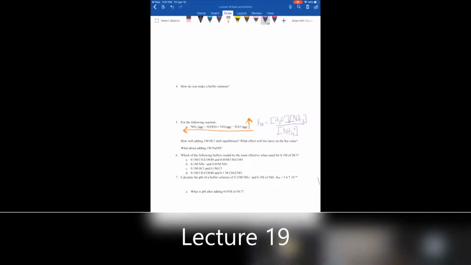It will make it bigger. It should, because there's more H3O, so the top number is going to be bigger. Are you sure? Yes. I think no. No. K values don't change.